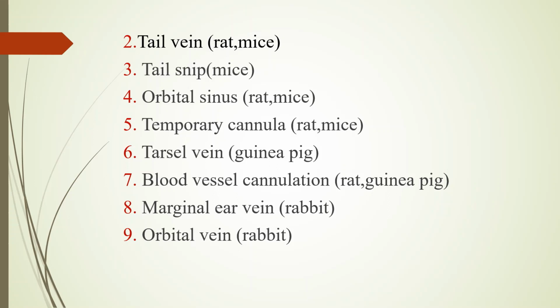Requiring anesthesia includes jugular vein in rat and mice, tail vein for rat and mice, tail snip for mice, orbital sinus for rat and mice, temporary cannula for rat and mice, tarsal vein in guinea pig, blood vessel cannulation for rat and guinea pig, then marginal ear vein for rabbit, and orbital vein for rabbit.